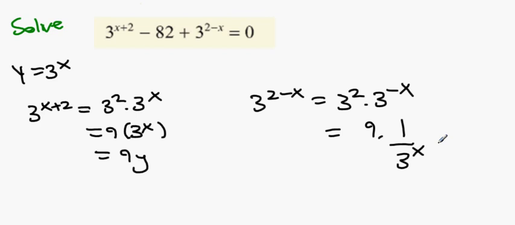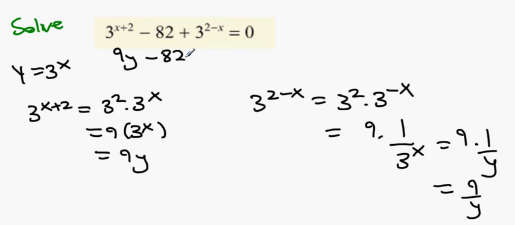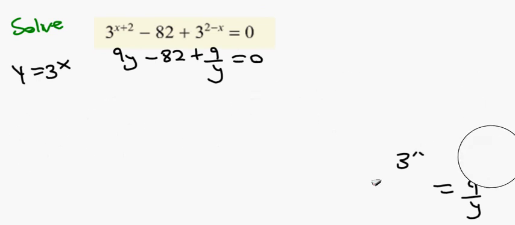And that's going to be 9 multiplied by 1 over y, which is going to be 9 over y. So what our equation turns out to be is 9y minus 82 plus 9 over y equals 0. So once we have that completed, what we're going to do next is multiply everything by y.